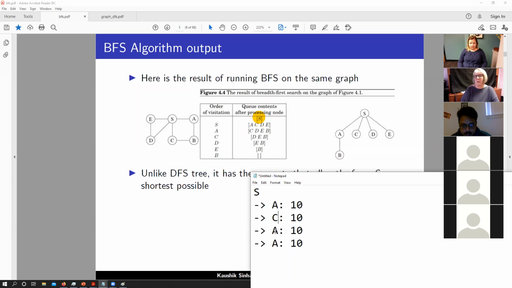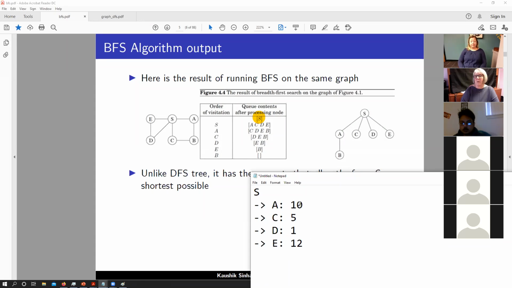A has a vertex weight of 10, C has 5, D has, let's say, 1, and E has 12.